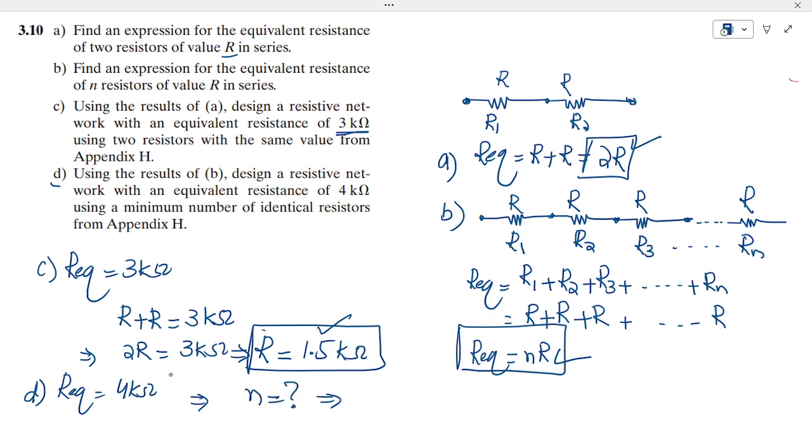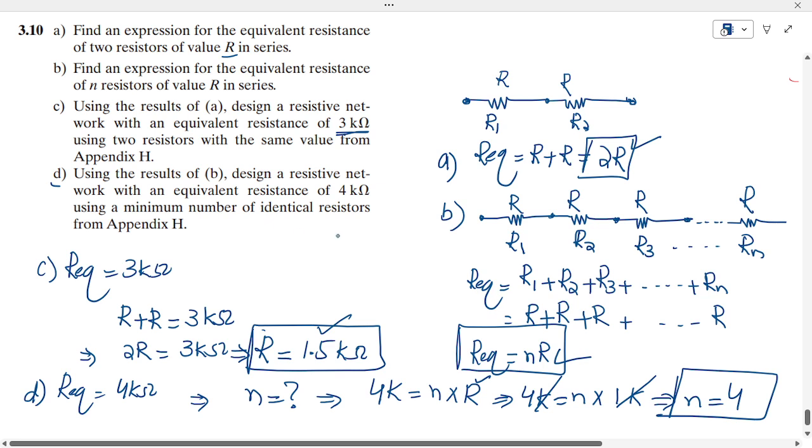If the values of the resistors are equal, then 4K is n multiplied by R. So if the value of R is 1K, all the resistors are 1K ohm, so 4K is n multiplied by 1K. This will cancel out and the value of n will be equal to 4.